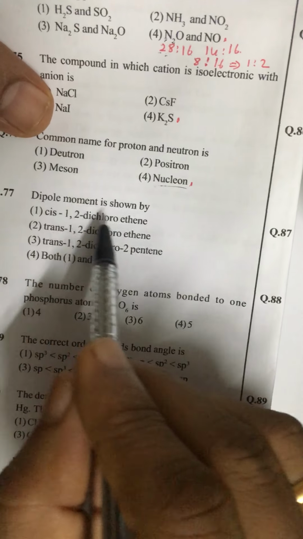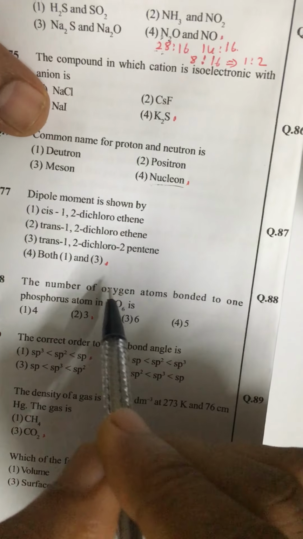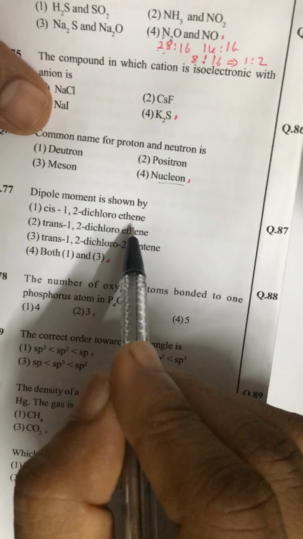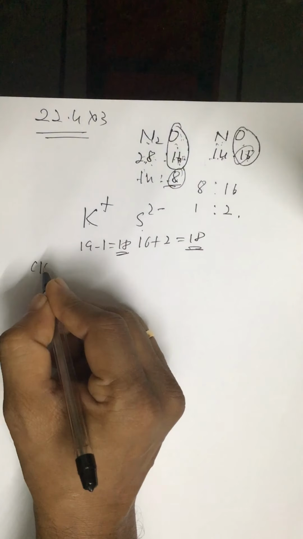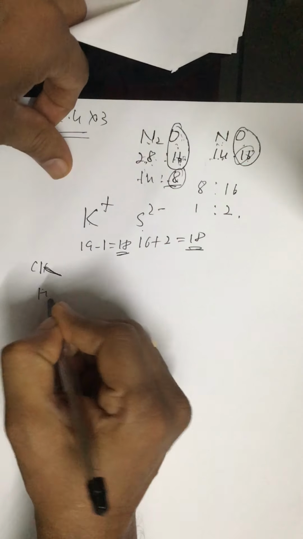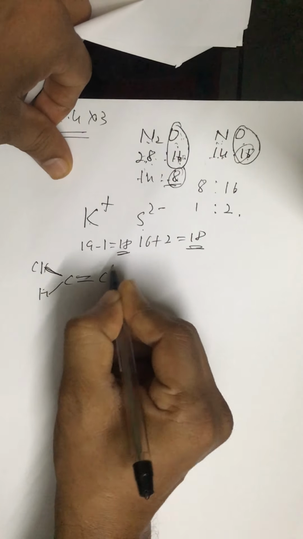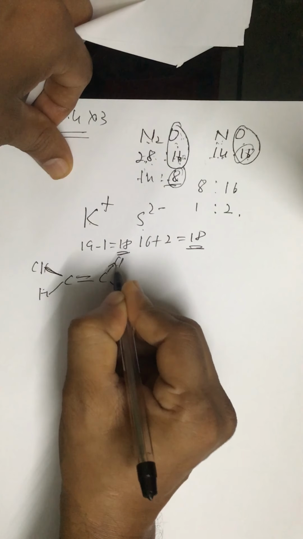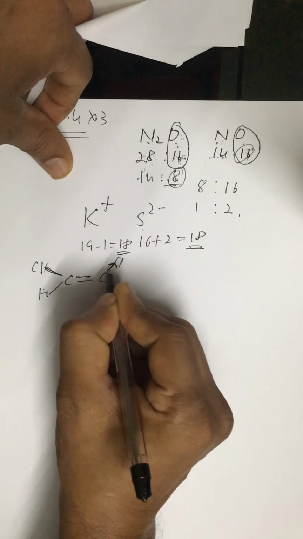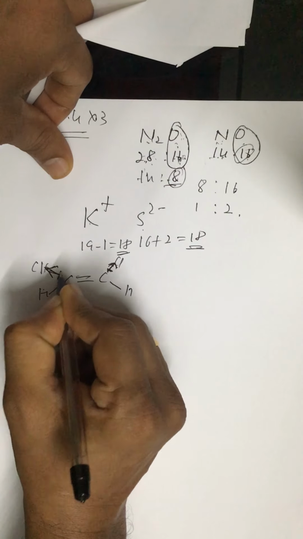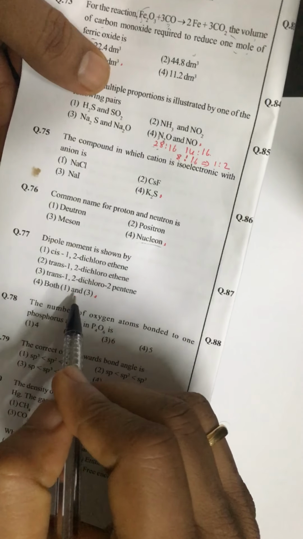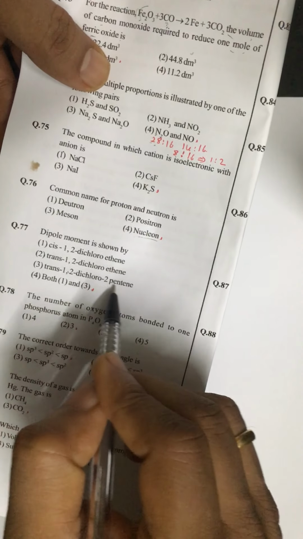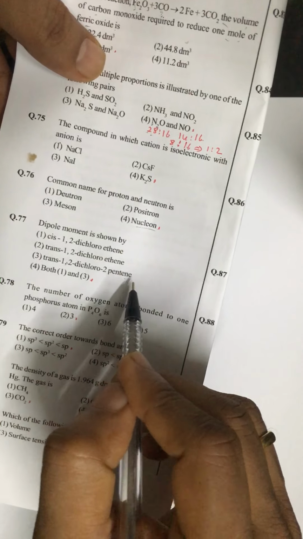77. The dipole moment is shown by cis 1,2-dichloroethene. That is very simple. In cis 1,2-dichloroethene, the dipole moment of this bond acts in this direction and the dipole moment of this bond acts in this direction. And look at this case, trans 1,2-dichloro 2-pentene.